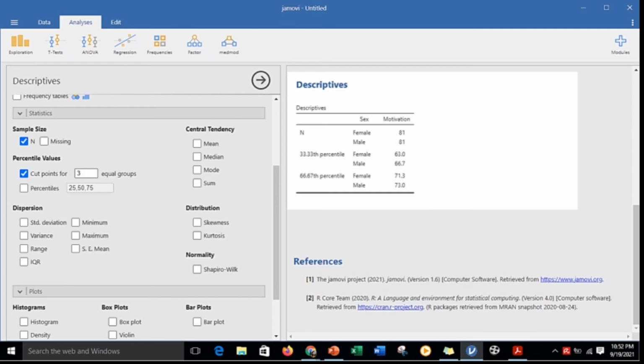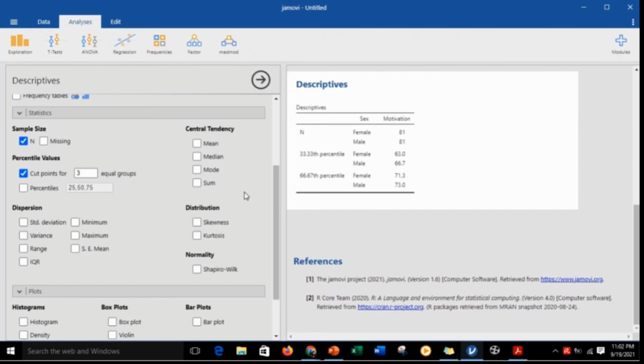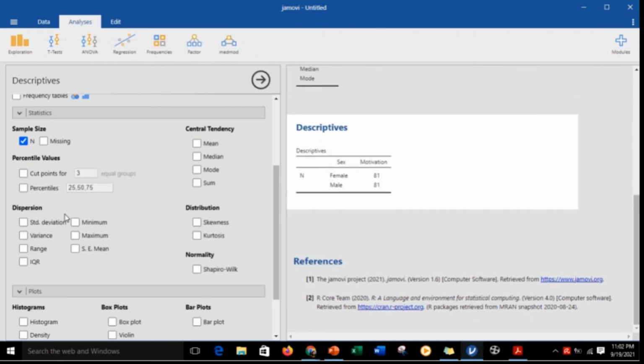Jamovi also has an option where you can put the percentile that you want and you will have the cutoff score corresponding to that percentile, and that is by clicking this one. The widely used application of this is for the college entrance exam, where for example a university only wants to accept the examinees who belong to the top 10% or those in the 90th percentile. Let's now uncheck it and move to dispersion.